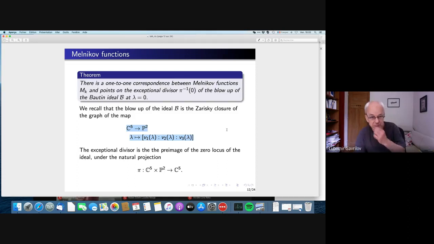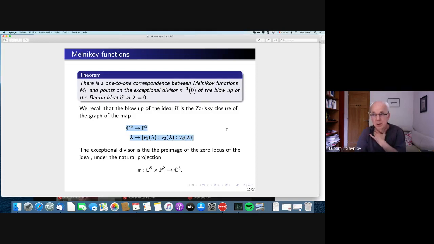You just take the map which to lambda associates the point V1, V2, V3 projectivized. You look at the graph of this map. It is of course not always well defined, because when all the V are 0, this point is not defined. But let us consider the graph of this map where it is defined.